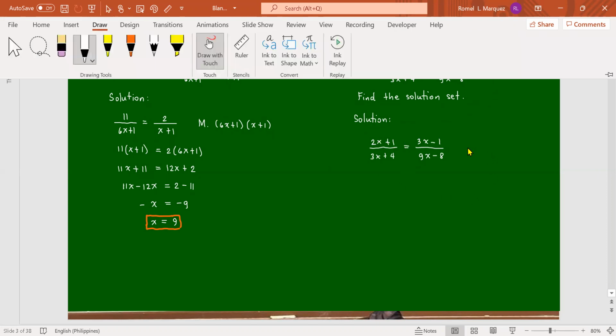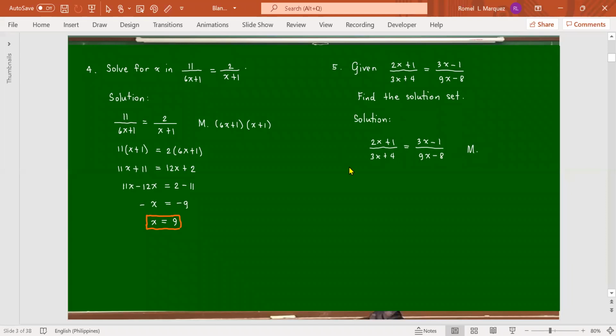first step is to simplify. We can simplify this by multiplying both sides by 3x plus 4 and 9x minus 8, so that denominators are eliminated. On the left side, 3x plus 4 is cancelled out, getting 2x plus 1 multiplied by 9x minus 8. On the right side, 9x minus 8 is the one that is cancelled.